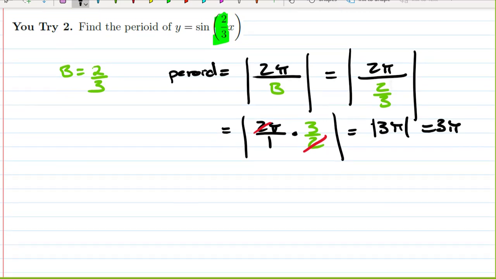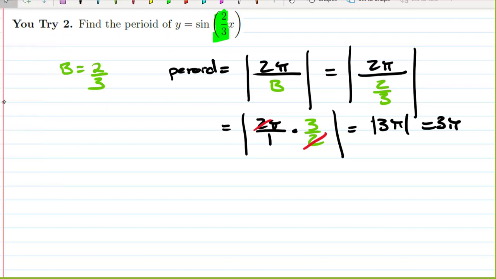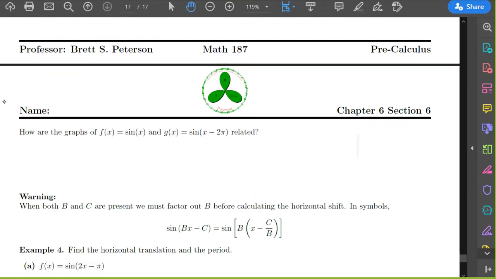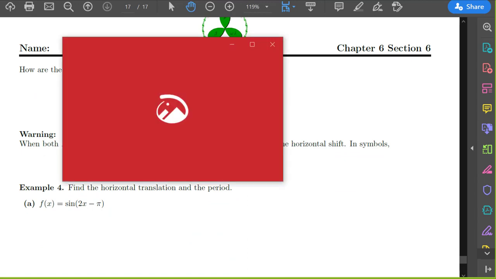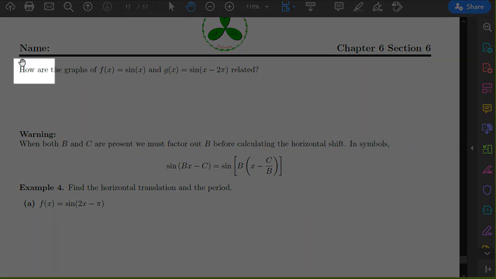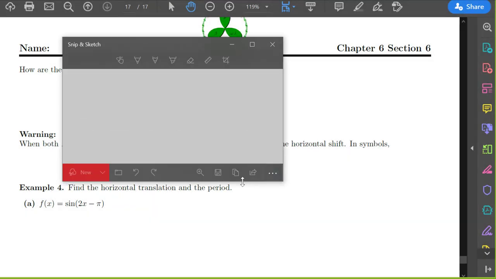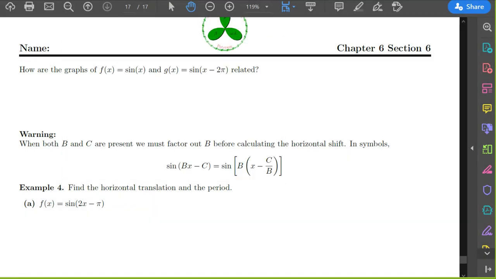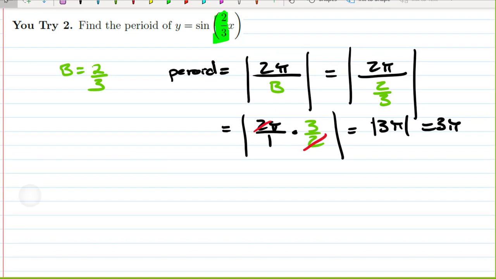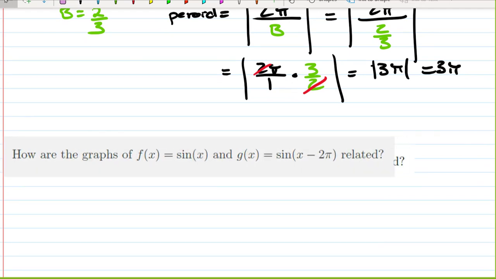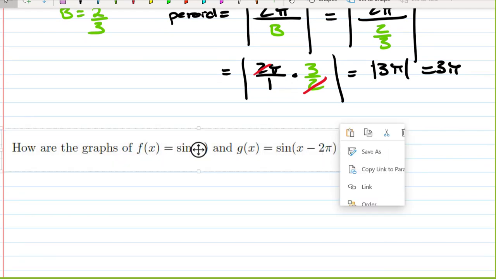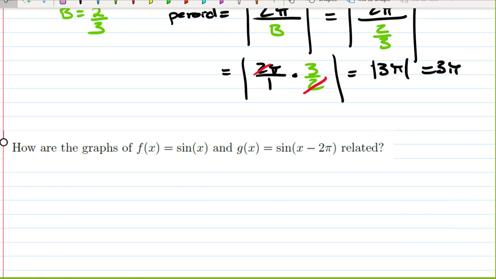All right, let's take a look at our next one. I want you to contemplate the following question for a second. How are the graphs of f of x equals sine x and g of x equals sine of x minus 2 pi related?